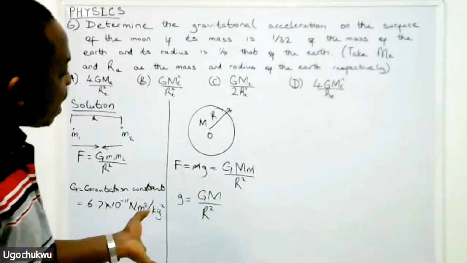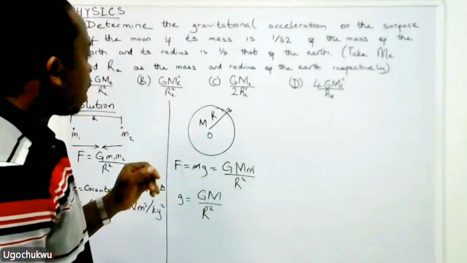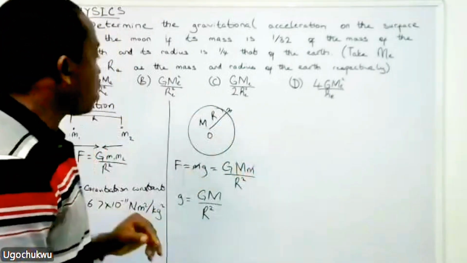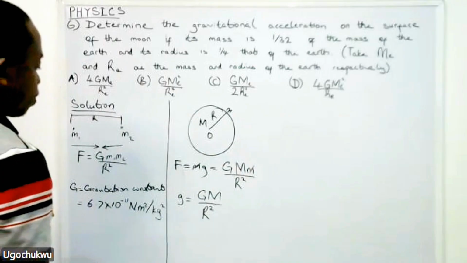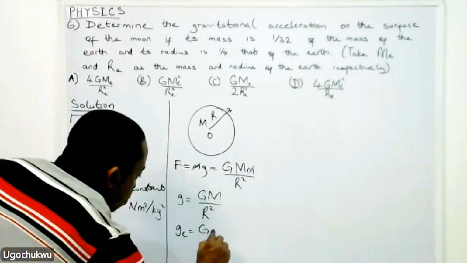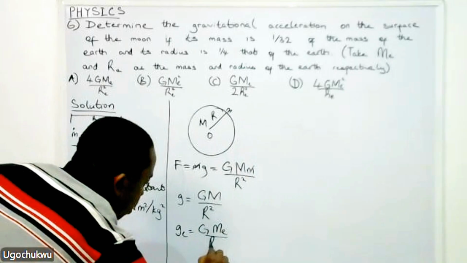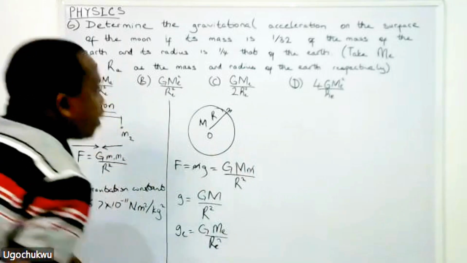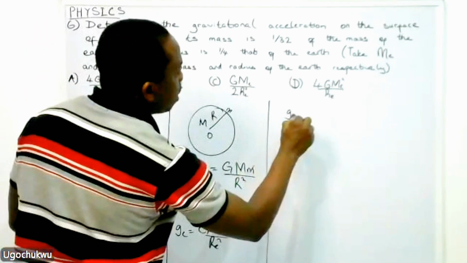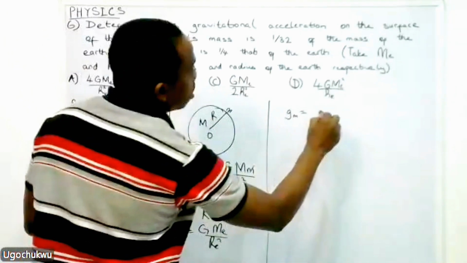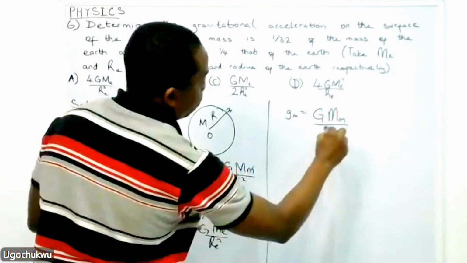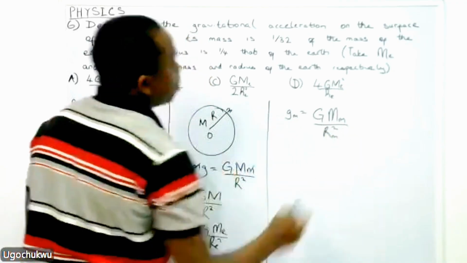So if we take that same thinking and extrapolate it to the moon, we can assume the moon to be a sphere similar to the Earth, right? We can also say that gravity on the Earth is G M, mass of the Earth, over RE squared, right? So in the case of the moon, the gravitational acceleration of the moon will be equal to the gravitational constant, mass of the moon, all over radius of the moon squared.